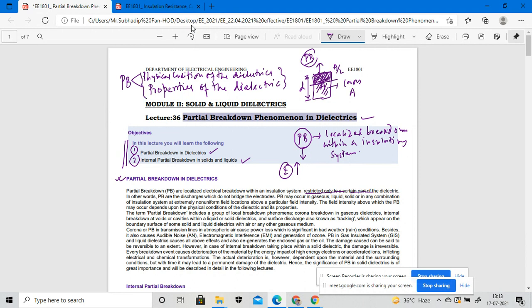If we satisfy these two conditions, then only will partial breakdown occur. So these are the two actual conditions.